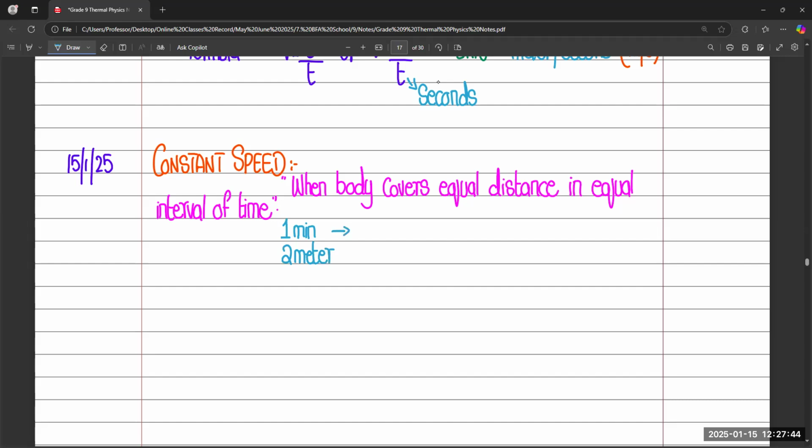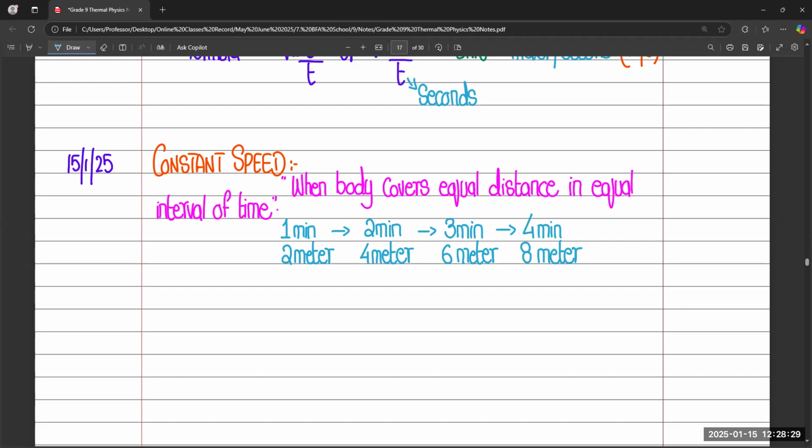Then after one more minute, the total distance covered is 4 meters. And after a further 1 minute, 6 meters. And after 4 minutes, 8 meters, right?